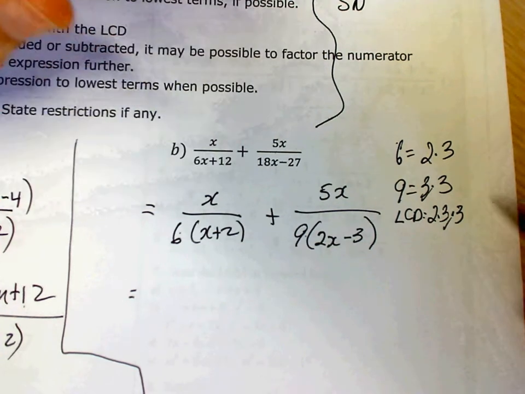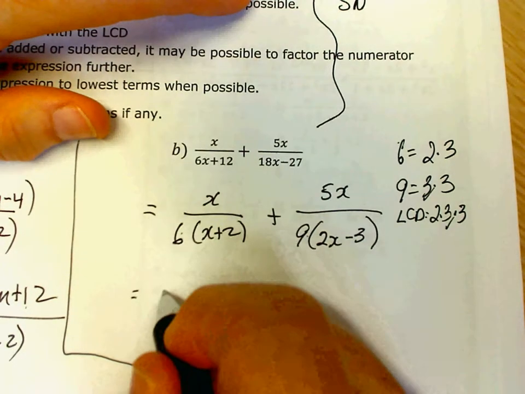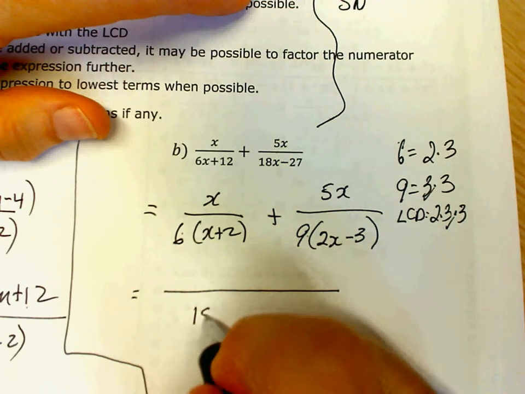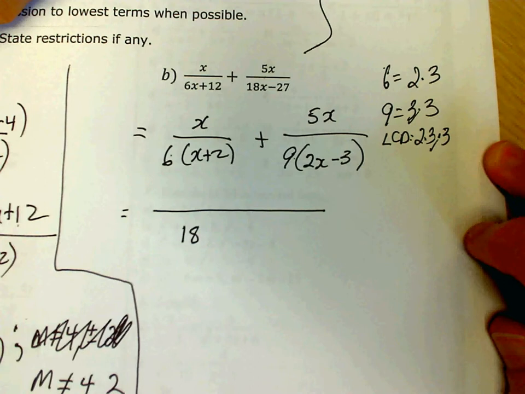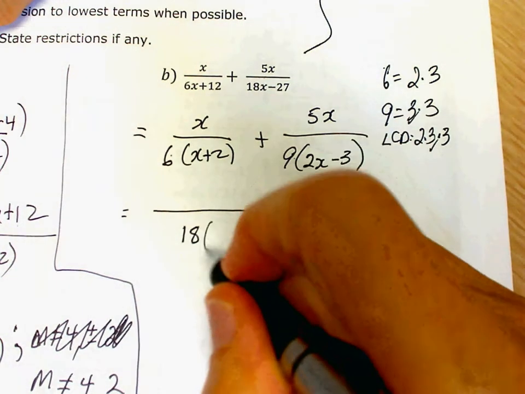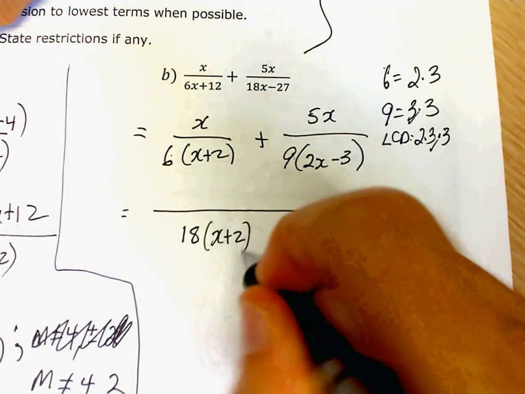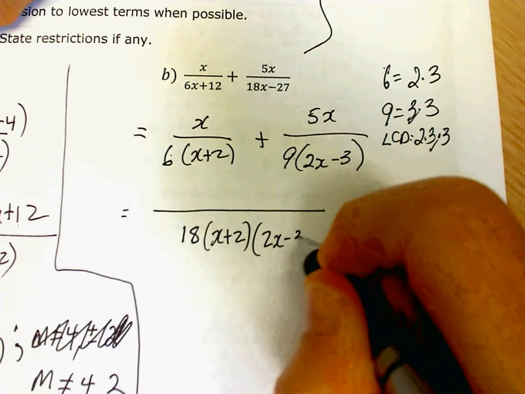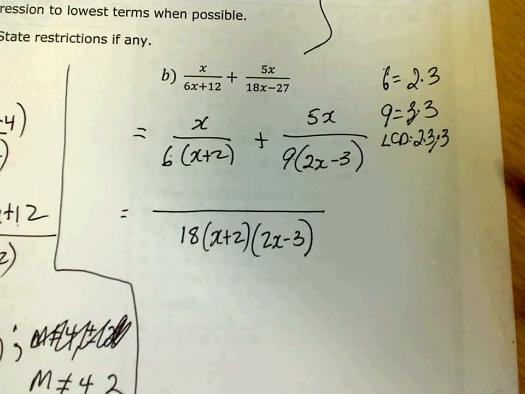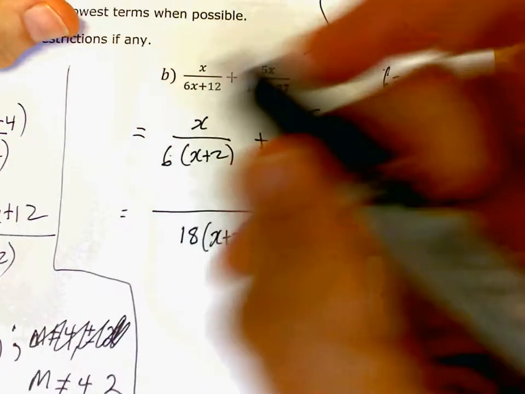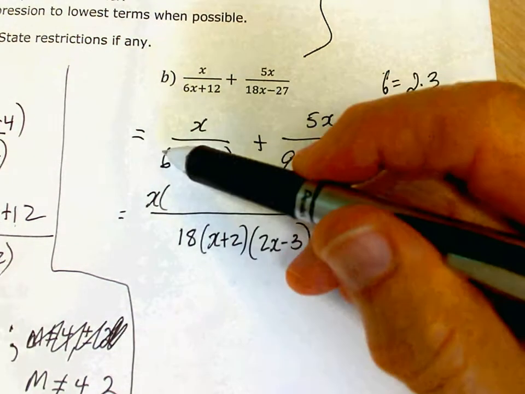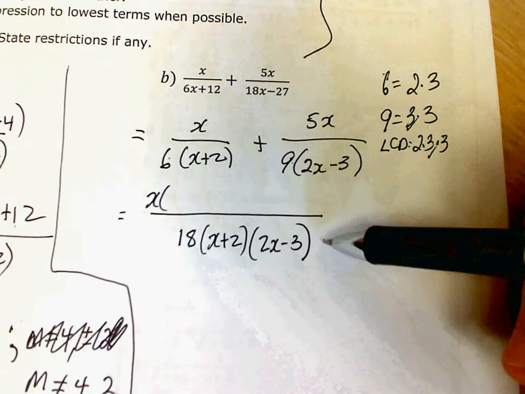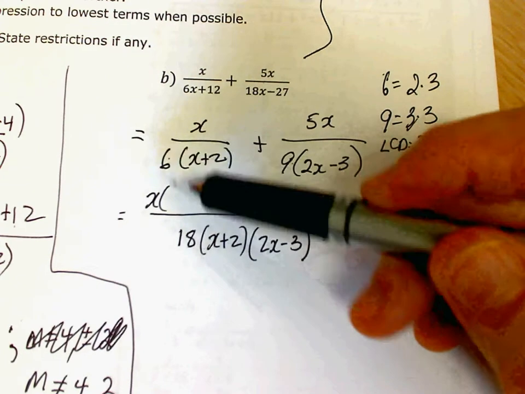So this is going to be 18. What else do I need in that denominator? x plus 2, 2x minus 3. What do we multiply x by? To get from 6 to 18, we had to multiply by 3.